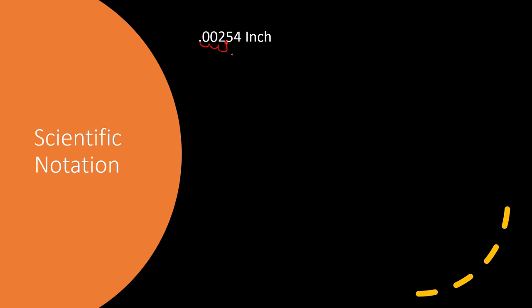It looks like I moved my decimal period 3 times. Now this number 3 is what I'm going to use to write my scientific notation.